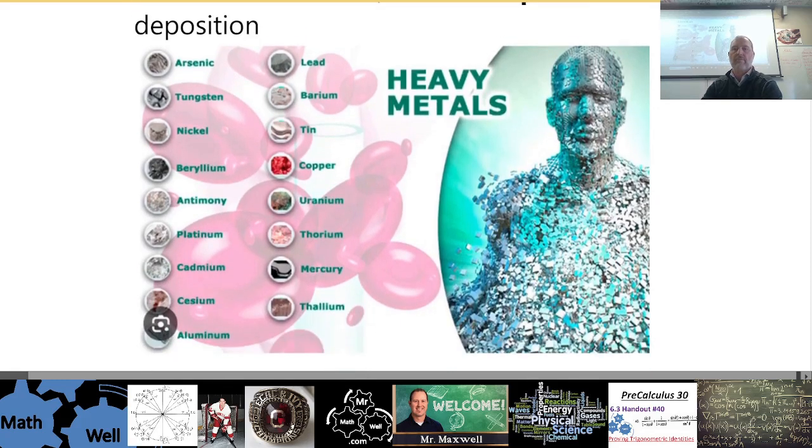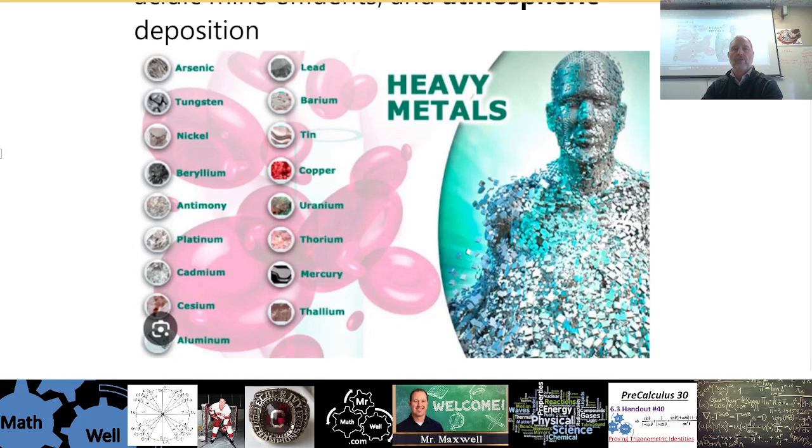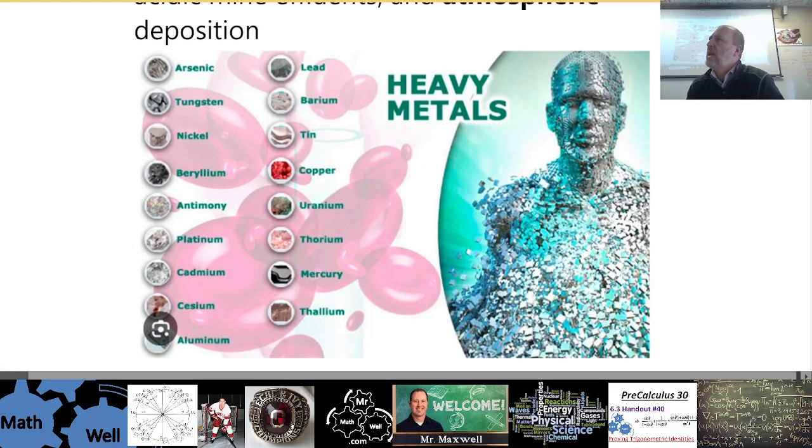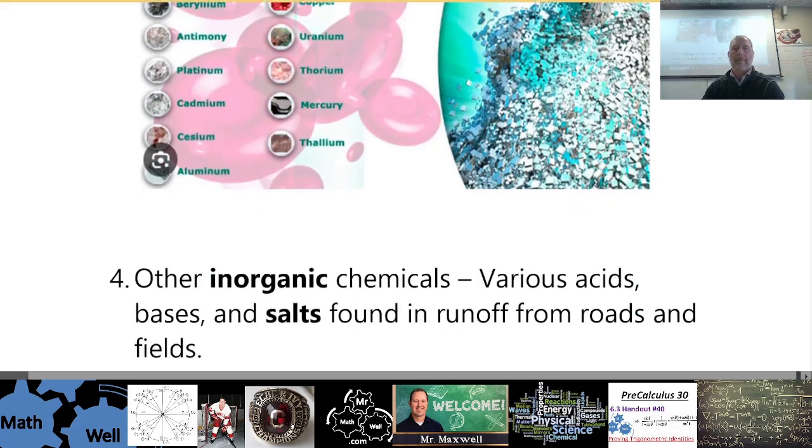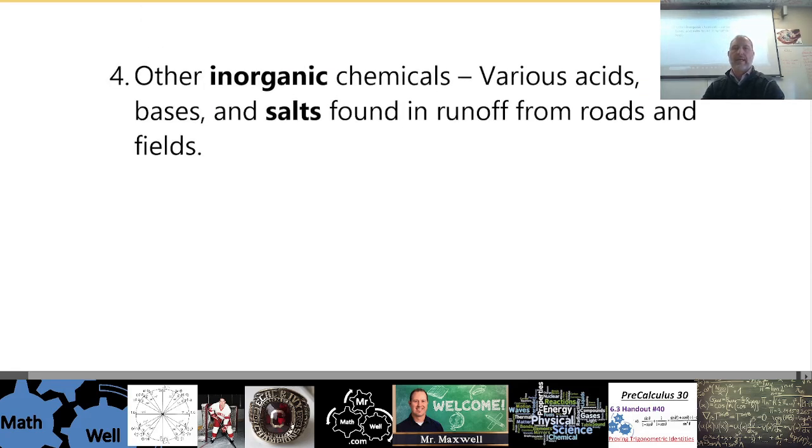So any metal, most of them are heavier in the sense that they are not your lightest elements, usually over a weight of 30 or 40 atomic mass units, grams per mole. Other inorganic chemicals: various acids, bases, and salts found from runoff of roads and fields. Okay, so those are types, sources, and effects of water pollutants.